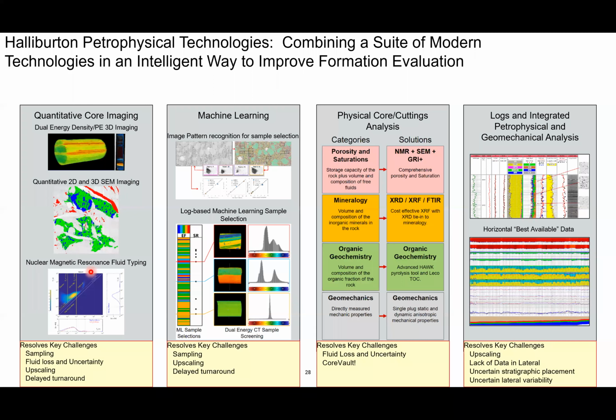One of the things that we have not touched upon is the NMR technology. The NMR can be run in the well as a part of the wireline program, or we can also do the plug-level NMR, or the cuttings NMR, in our lab as well. That's called a benchtop NMR. That brings in a lot of understanding as well, because NMR talks about the fluid and the pore size distribution.